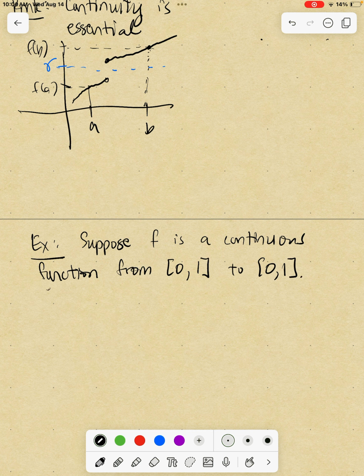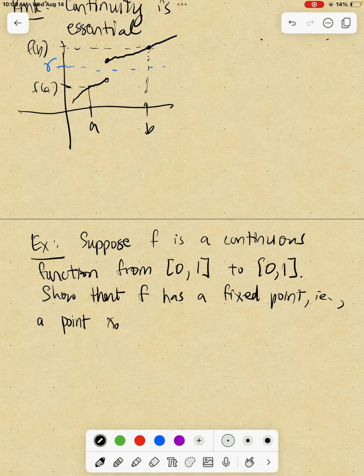Show that f has a fixed point, i.e. a point x naught in the closed interval from 0 to 1, such that f of x naught equals x naught.